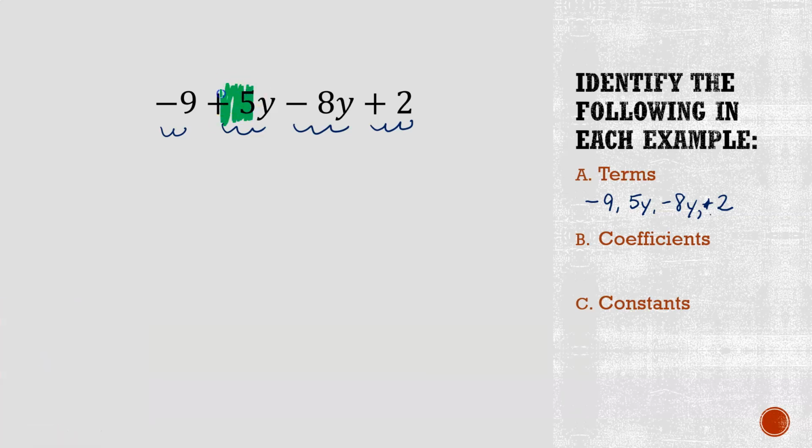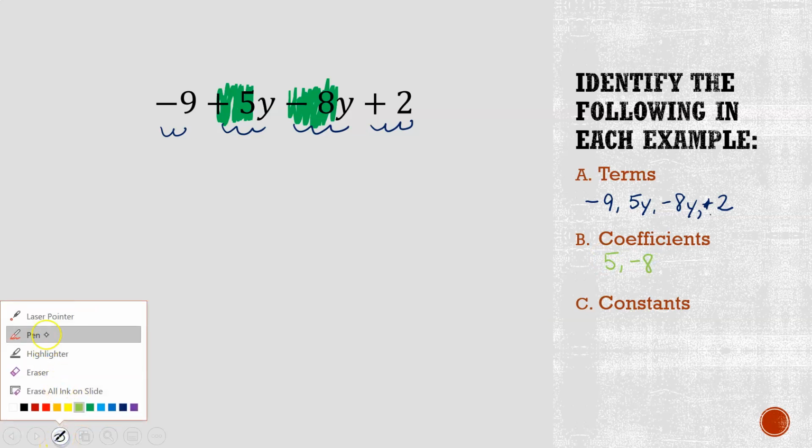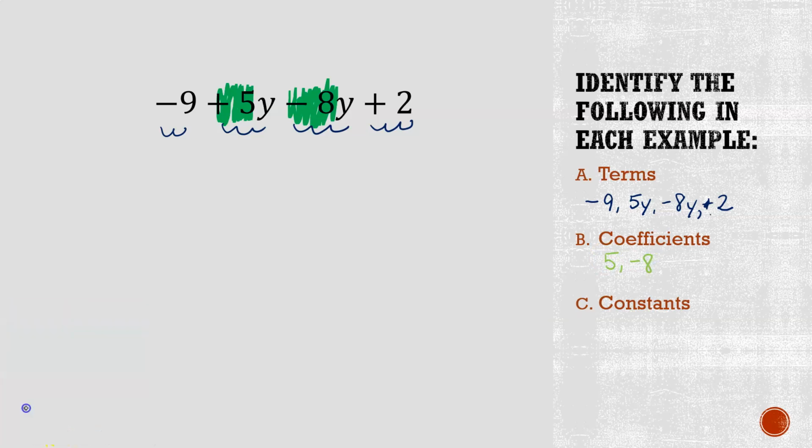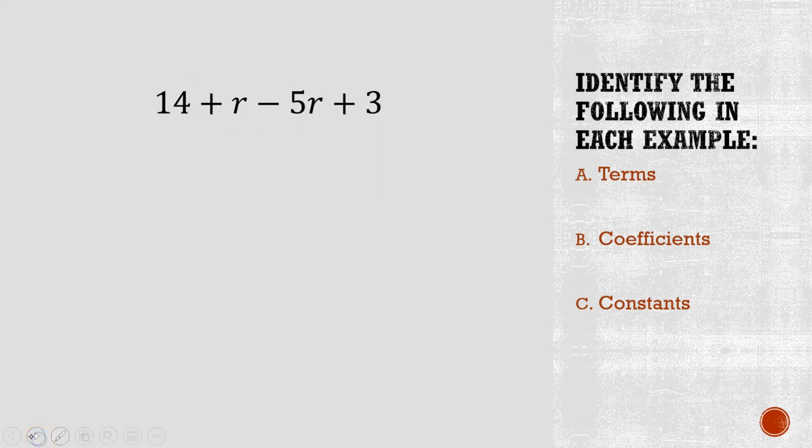And remember to include the sign. So my coefficients are 5 and negative 8. The constants, again, are anything without a variable, and you keep the sign. So my constants are negative 9 and 2.